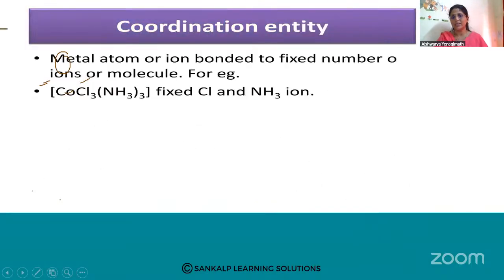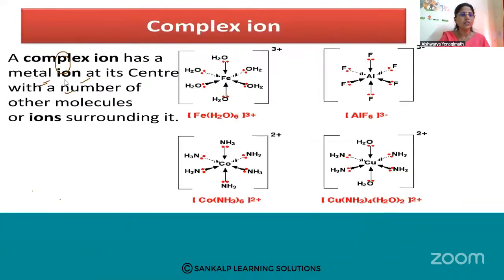So you can look at this example. If you look at the first example, they have given only the complex ion here. In this first example, Fe, the central metal atom, is attached to all 6 H2O molecules. H2O, H2O, H2O, H2O. So this is an example of homoleptic.